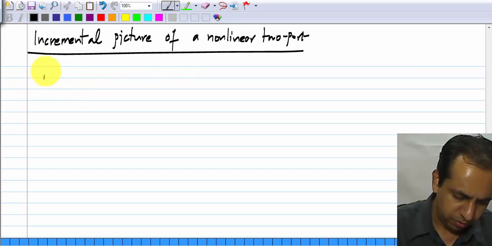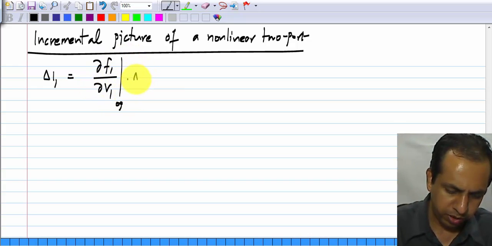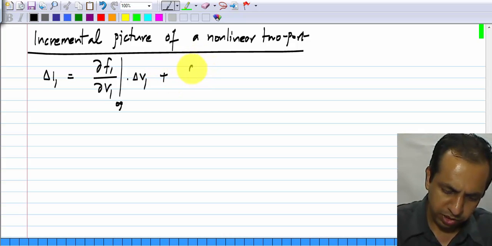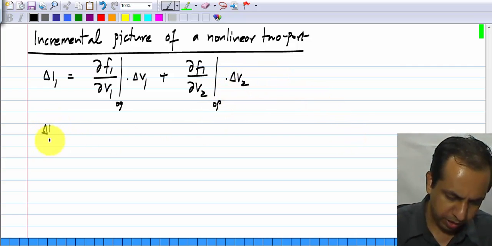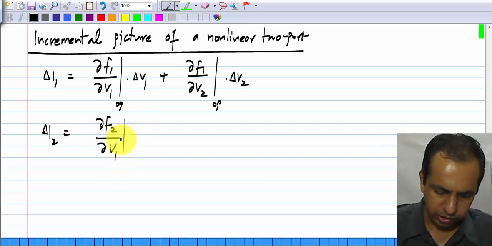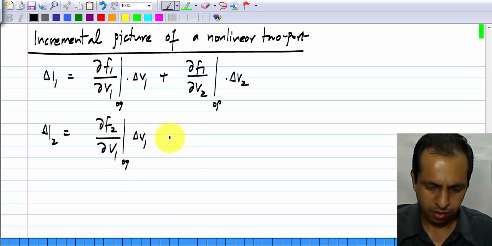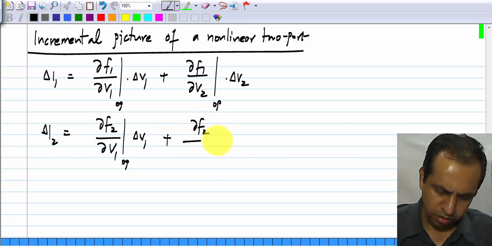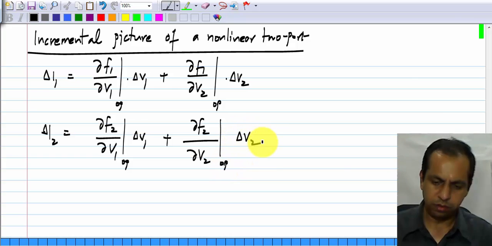is the following. So, delta I1 will be partial derivative of F1 with respect to V1 at the operating point times delta V1, partial derivative of F1 with respect to V2 at the operating point times delta V2, and similarly this is the partial derivative of F2 with respect to V1 at the operating point, and so on.